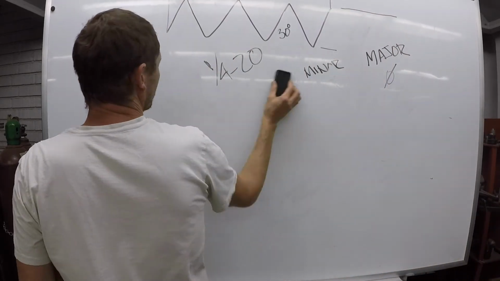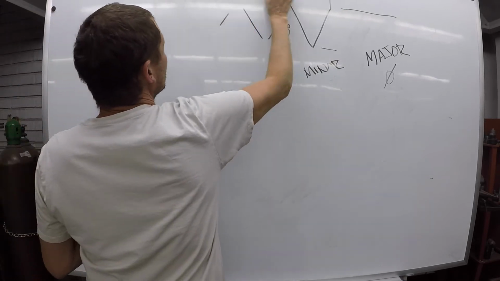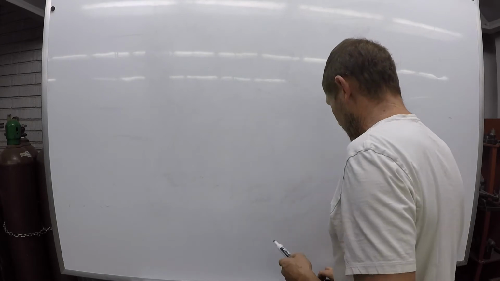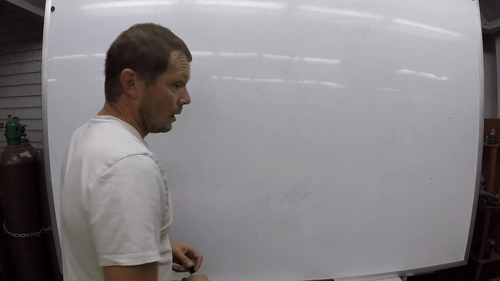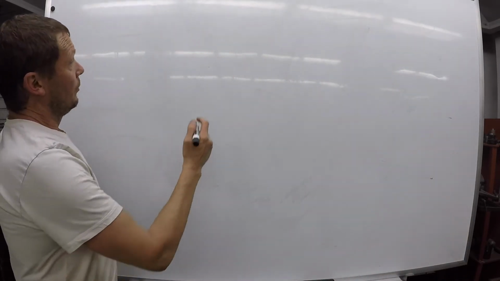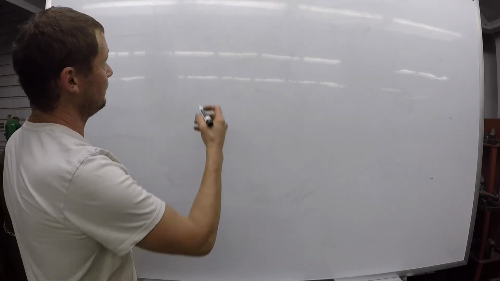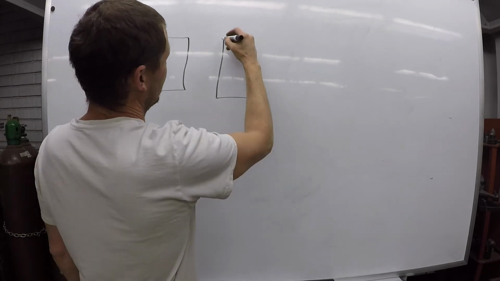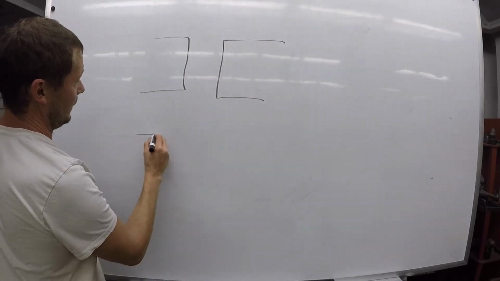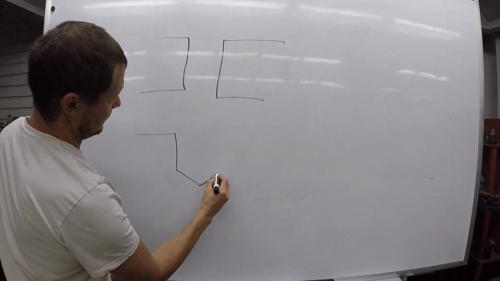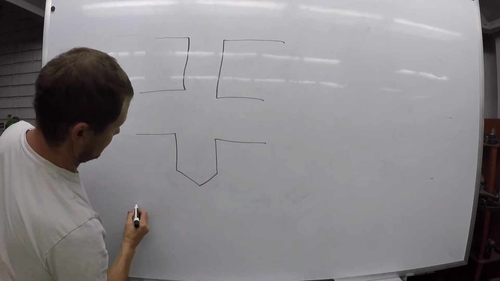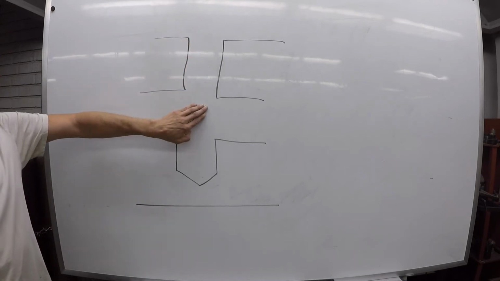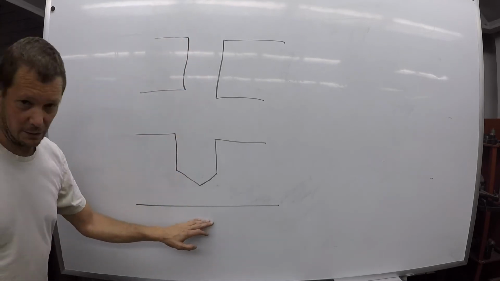Let's talk about holes for a minute. There's two types of holes. There's one, and there's another one. Now, if you notice, one goes all the way through, and one does not go all the way through.